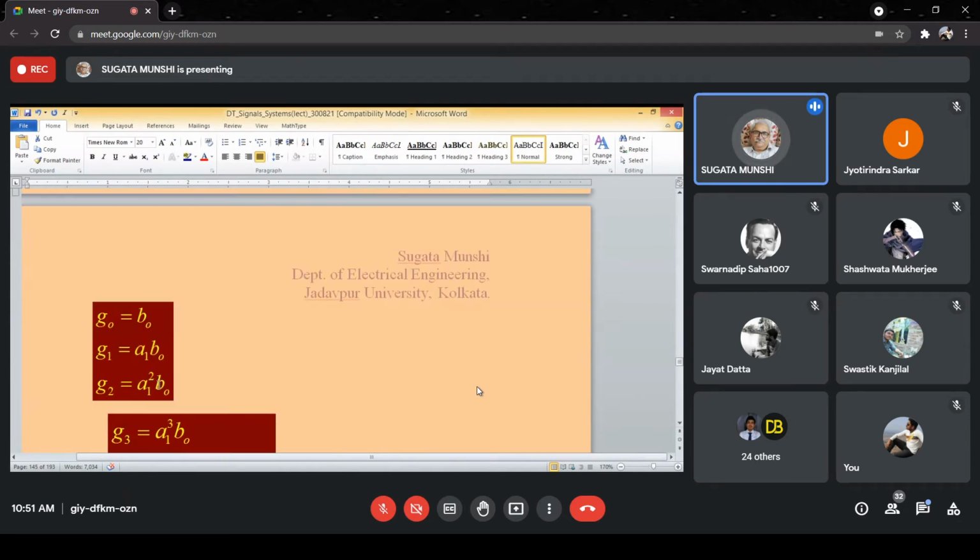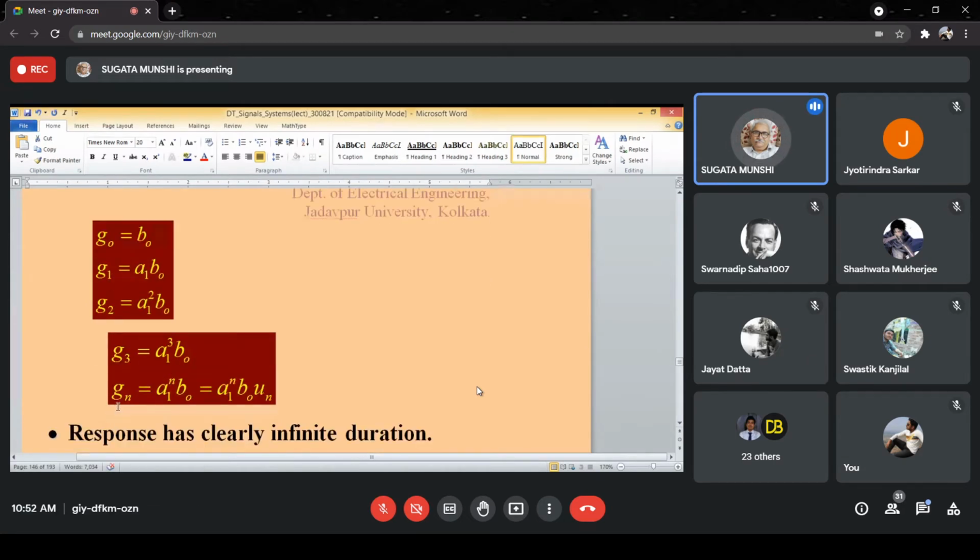In a similar manner, G2 will be A1 squared B0, G3 will be A1 cubed B0, like that. So in general, Gn will be A1 to the power n into B0. And because it's a causal system, just to imply that the impulse response has identically 0 values for n less than 0, I have introduced this unit step sequence, un. So that is the complete expression, A1 to the power n B0 un.